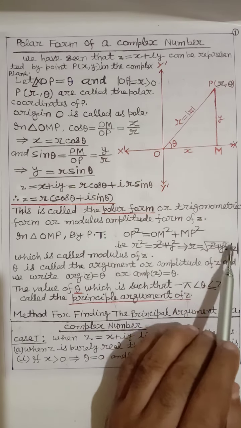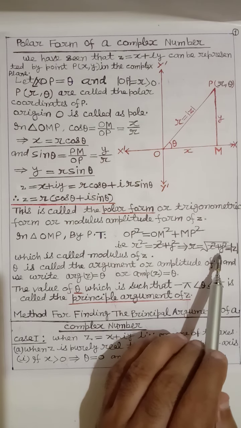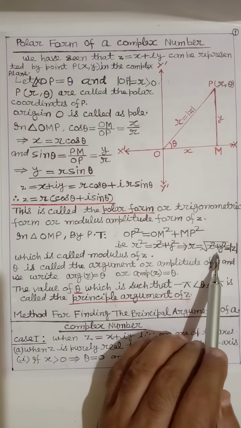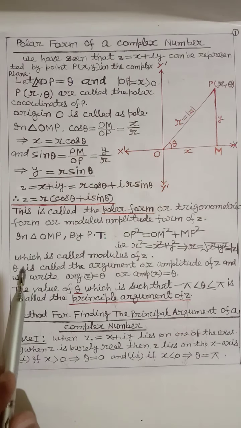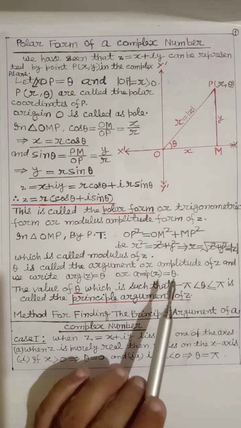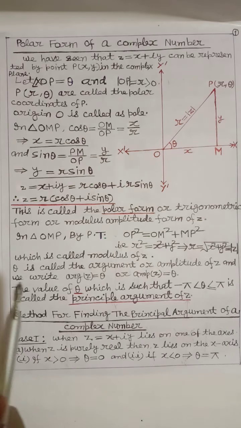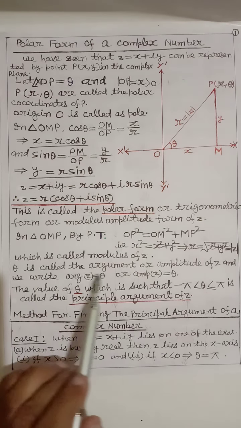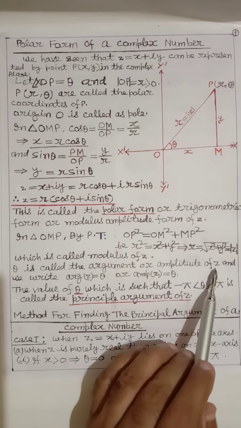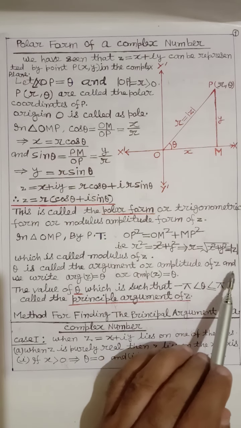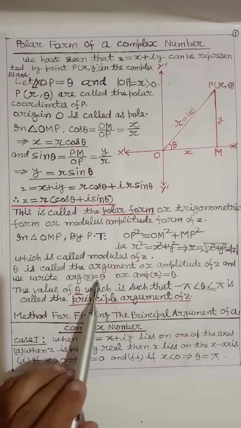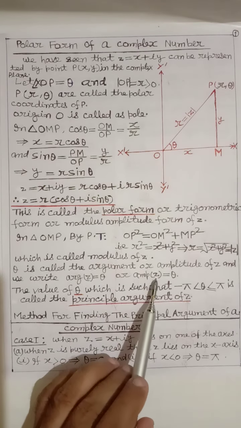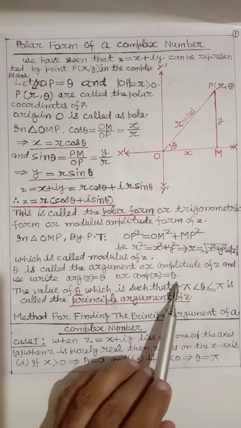Already we know this is the value of modulus of z, mod of z. Here theta is called the argument or amplitude of z, and we write argument of z equal to theta or amplitude of z is equal to theta.